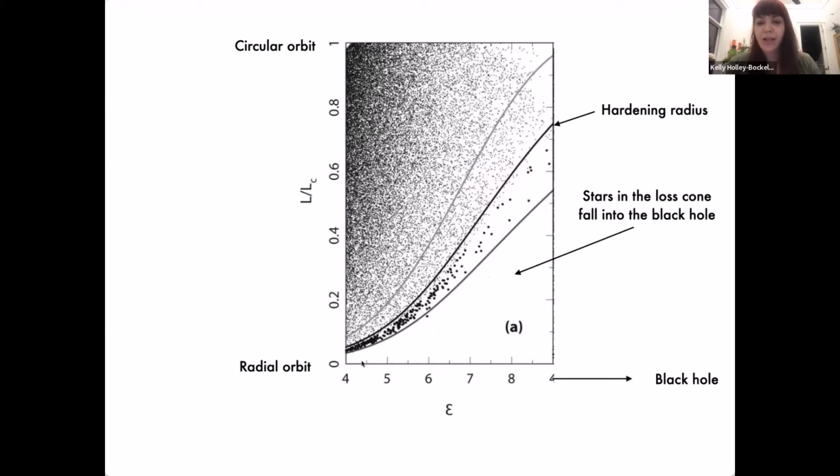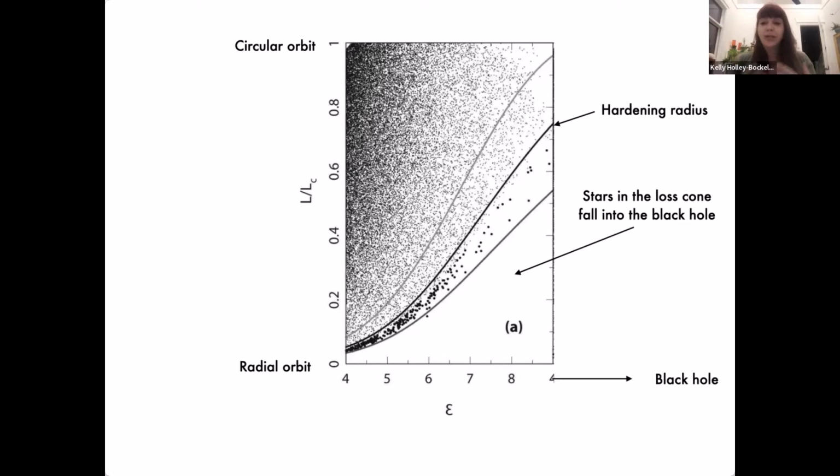And that is because in this region, all the stars that could interact with the black hole have been kicked out. This radius right here is sort of the hardening radius, that radius where black holes can become closer if they kick stars out. And you can see anything sort of in this region in energy angular momentum space has mostly been kicked out. These stars can have been kicked, but they can come back.